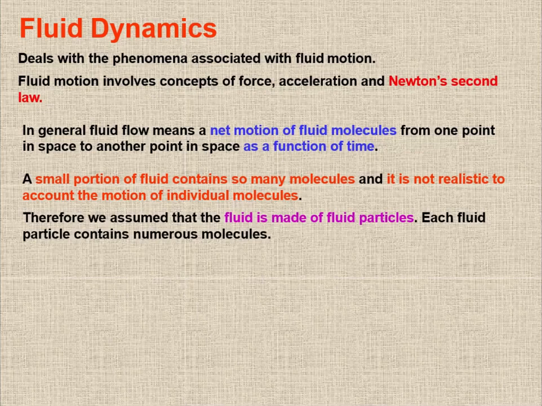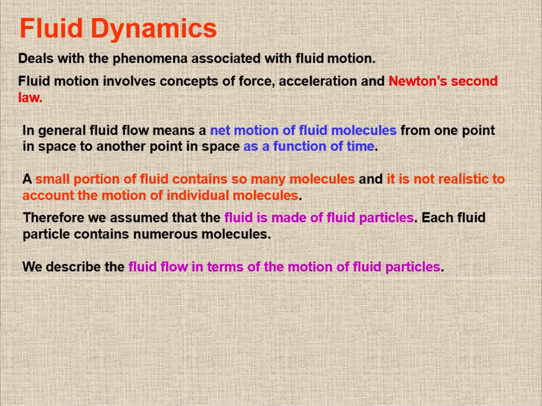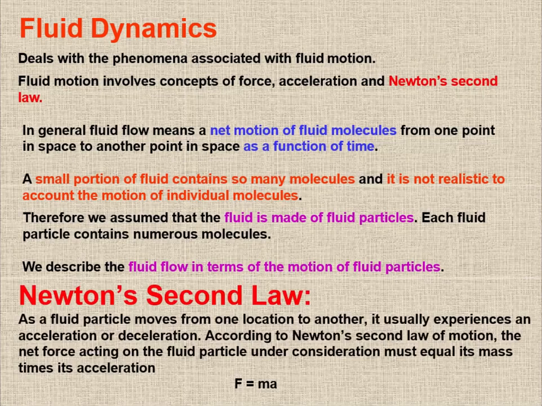Therefore, we assume that the fluid is made of fluid particles. Each fluid particle contains numerous molecules, and we describe the fluid flow in terms of the motion of fluid particles.